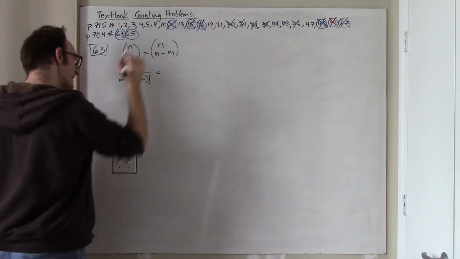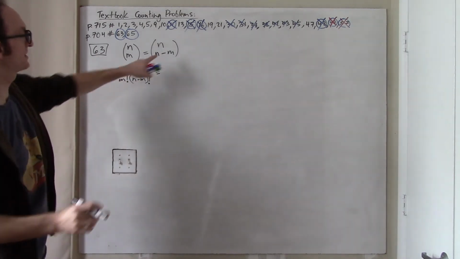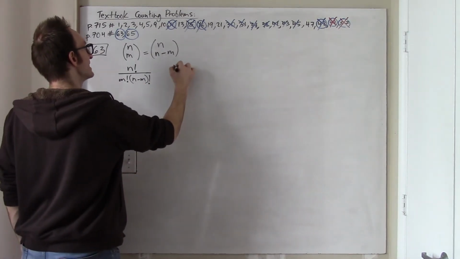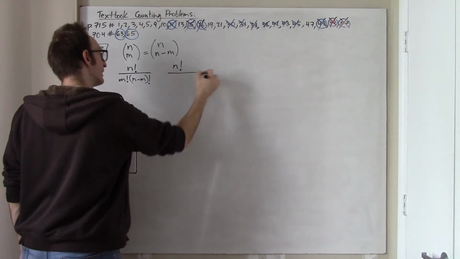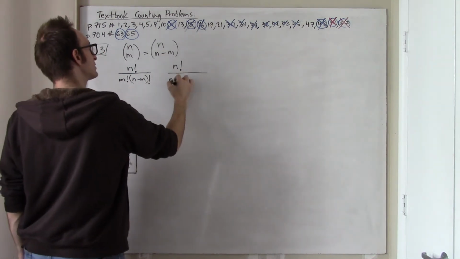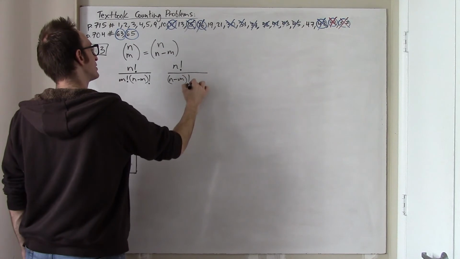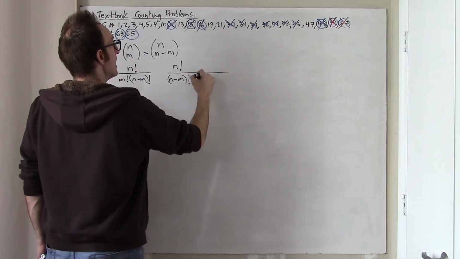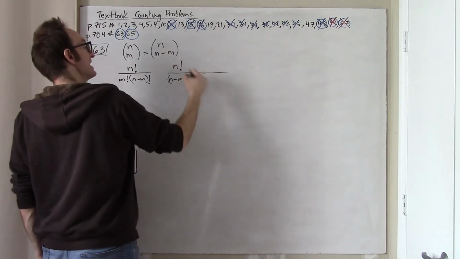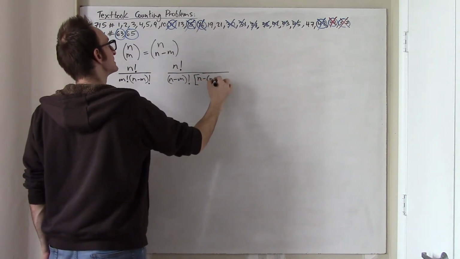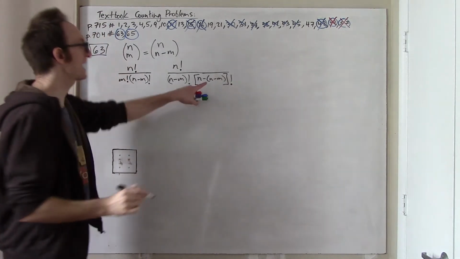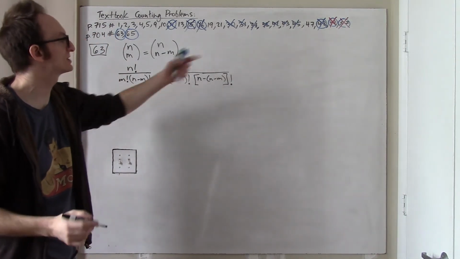But if I already know that, then what's the right-hand side? Well, the right-hand side is just n factorial over n minus m factorial, times n minus that number, factorial. But of course, n minus m is just m.